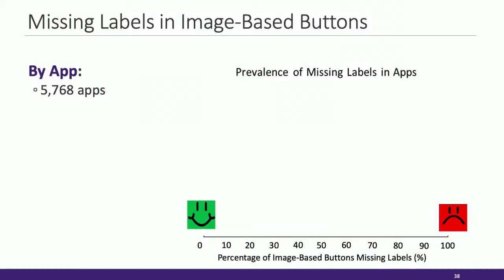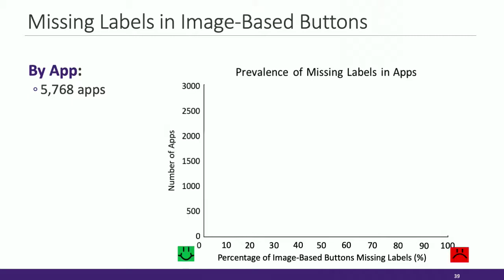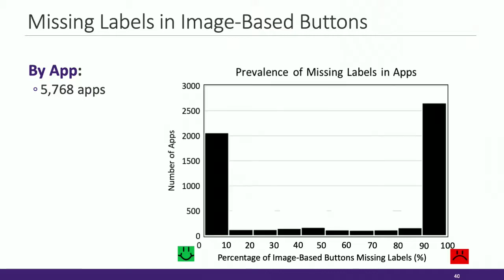So our first, by app prevalence, we see along the x-axis the percentage of image-based buttons that are missing labels, with lower percentages being better. Along our y-axis, we have the number of apps, again out of 5,768. And our first look at this distribution is that it's a very strong bimodal distribution with large peaks at both extremes.